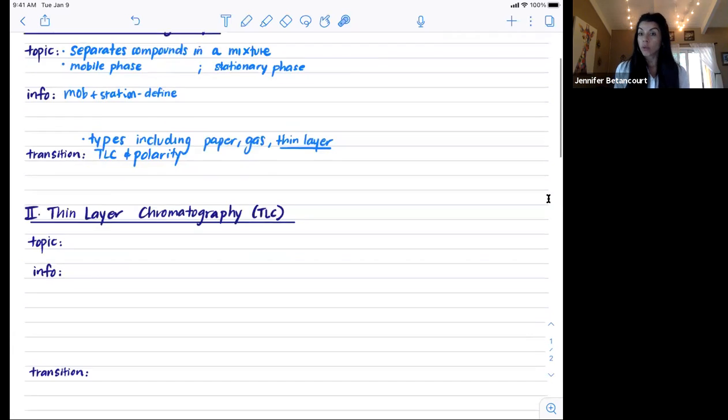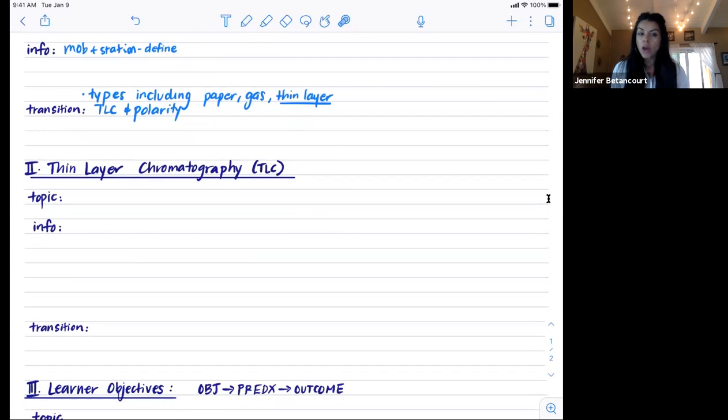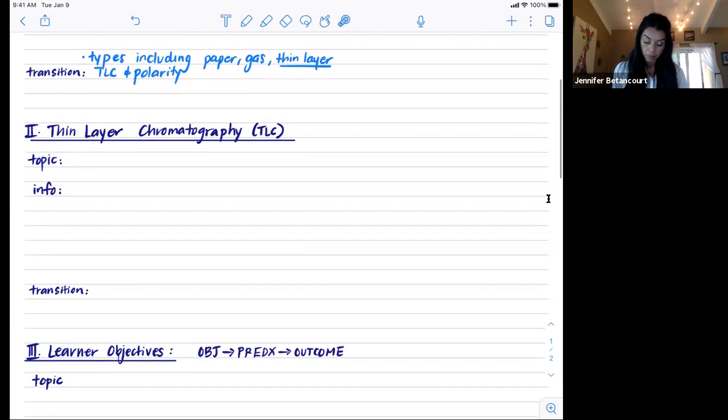Great job. Now we're going to do the same thing for thin layer chromatography. At this point, please don't press enter. Go ahead and write your topic sentence for thin layer chromatography.